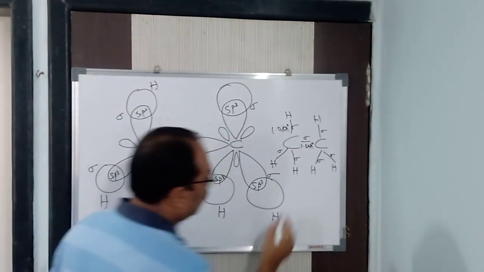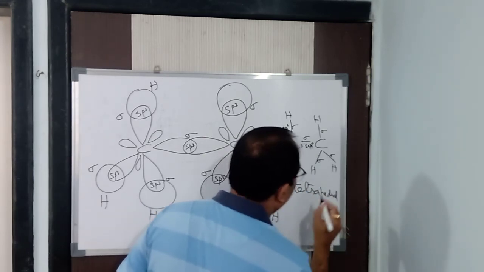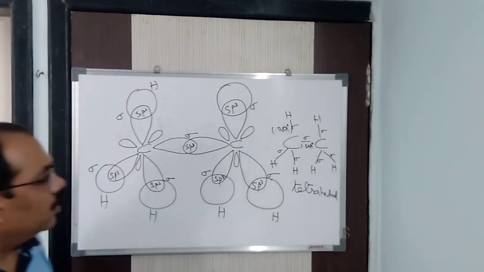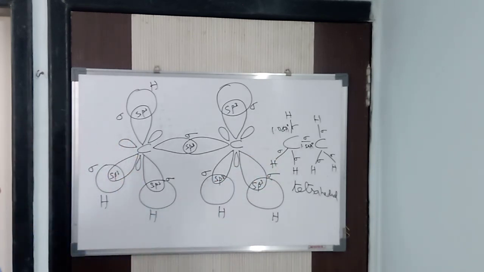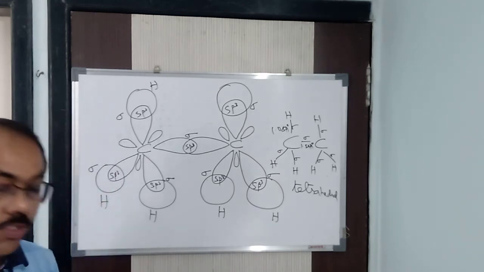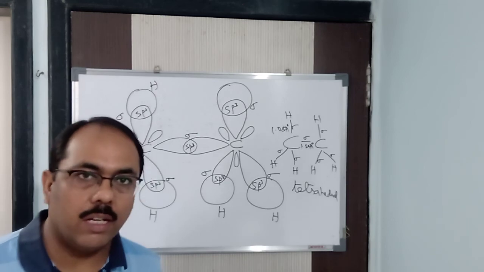And the shape is what? Tetrahedral. See, it is a tetrahedral molecule. Clear? In this way you got the orbital diagram for the ethane molecule of sp3 hybridization. This is the way you need to do it for all: sp2, sp, sp3d and all. You have to do it in this manner. Thank you.